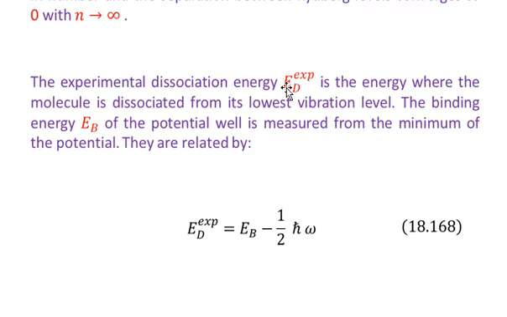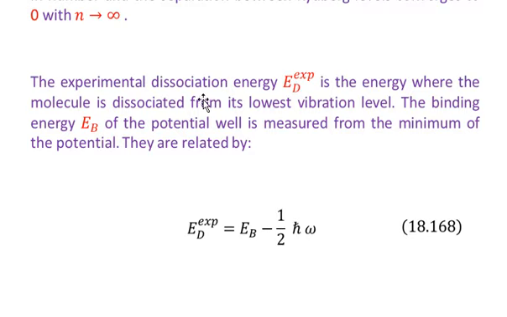You know that these are the two quantities that I have shown graphically in one of the potential energy curves in the previous lecture, where I defined ED, the experimental dissociation energy, which starts from the lowest vibrational level, and also the binding energy, which starts from the minimum of the potential.